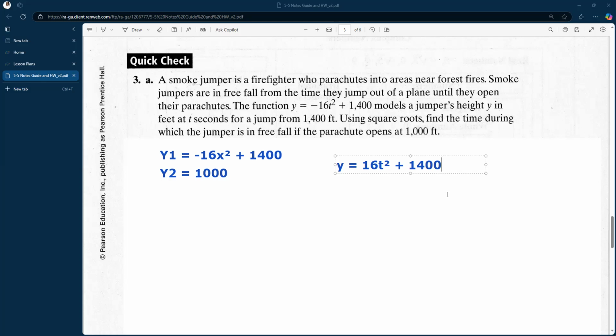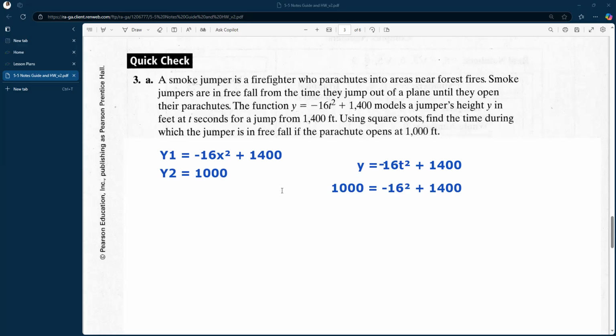So this is my equation. But instead of solving for y, I'm going to substitute 1,000 because that's the y that I want. I left off the negative on the first one, so I need to go back and put that in. It is negative.